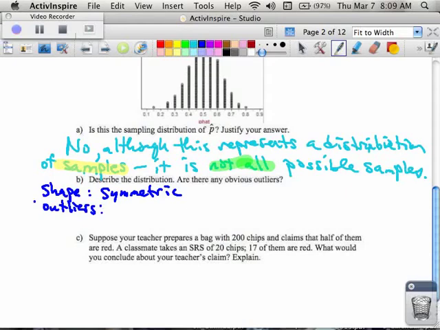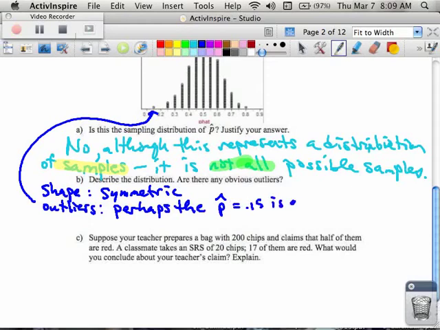To me, this looks a little shady, so maybe that's an outlier. I don't know. Perhaps the p hat of, is that 0.15? Is an outlier. That's a possibility.